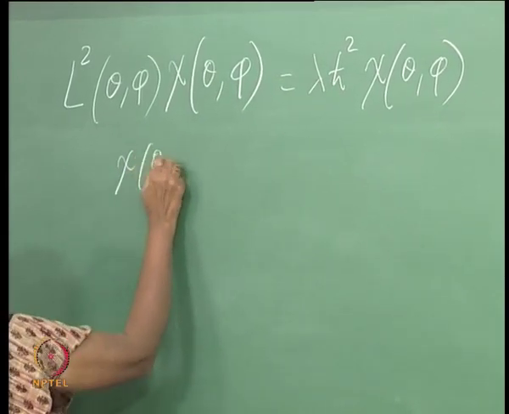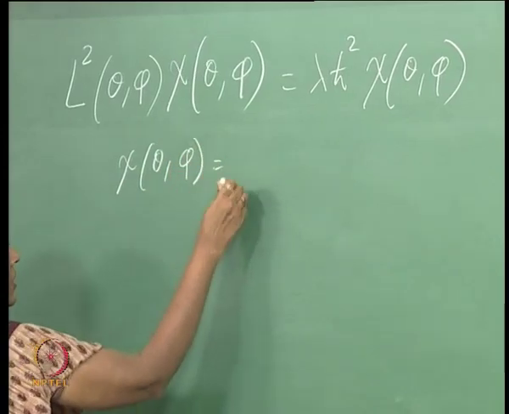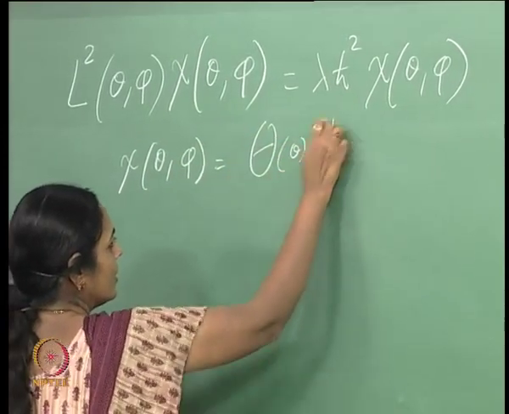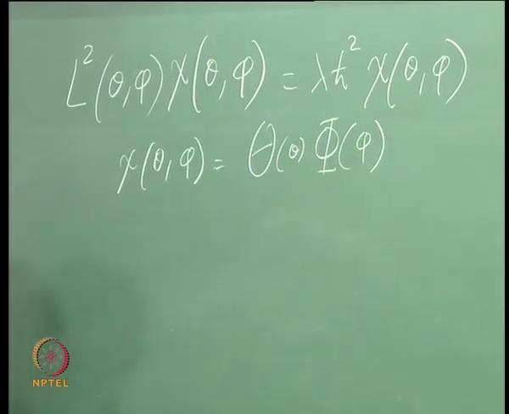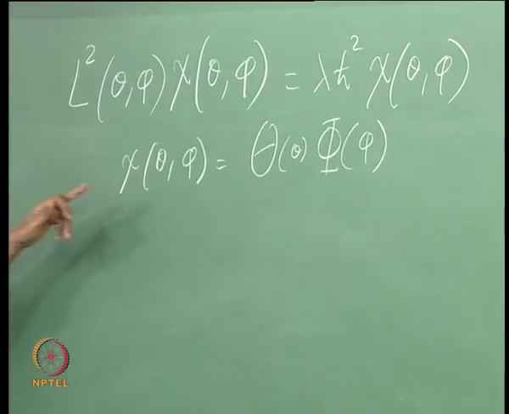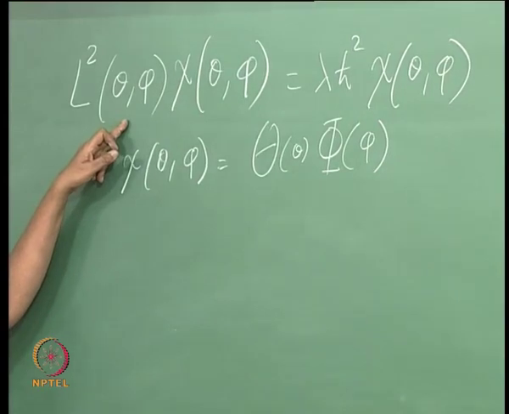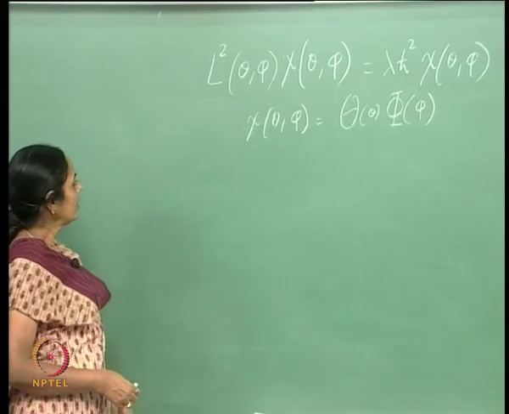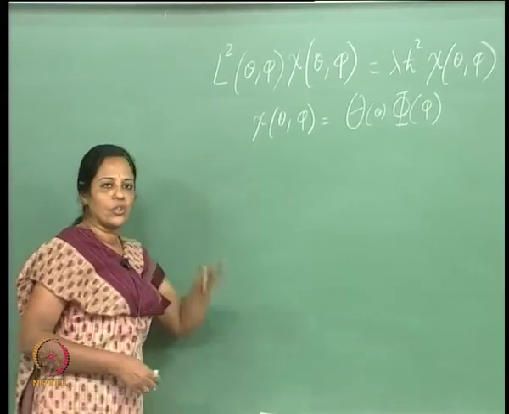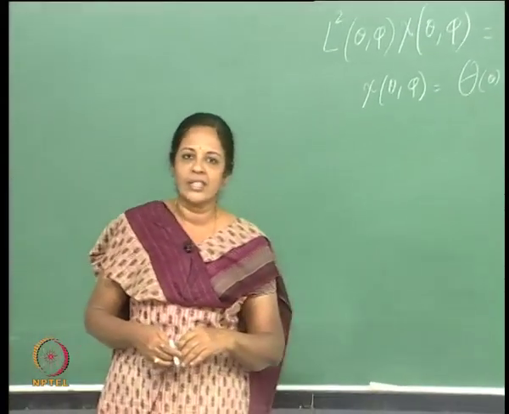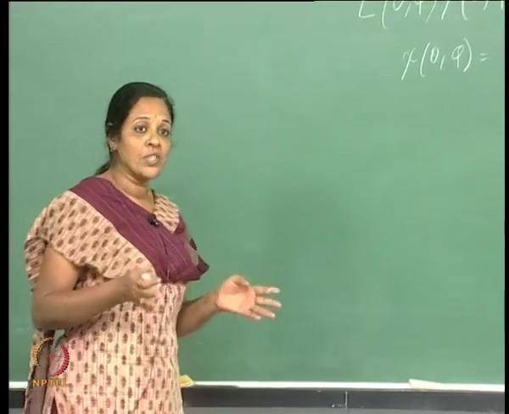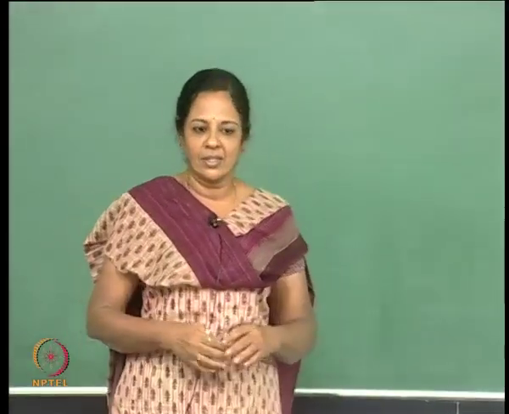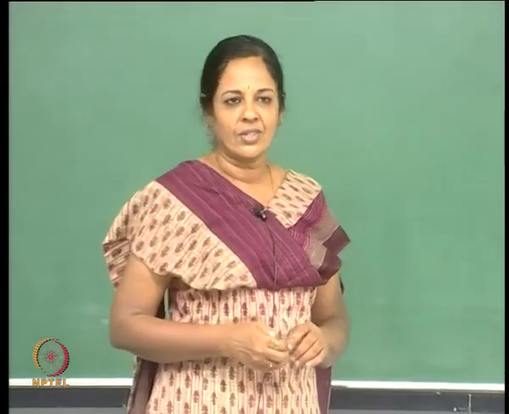And I can in fact write chi of theta phi as some theta of theta phi of phi. I'll put this into L squared, into this eigenvalue equation for L squared. Substitute for L squared in terms of theta and phi explicitly. I can do a separation of variables. I'll demonstrate that in detail in the next lecture.